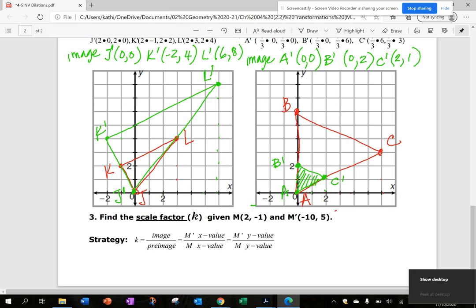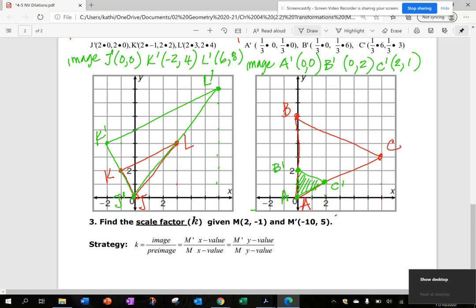So here is my pre-image, as I don't have any primes, and this is my image, and I know that because I have the prime here.